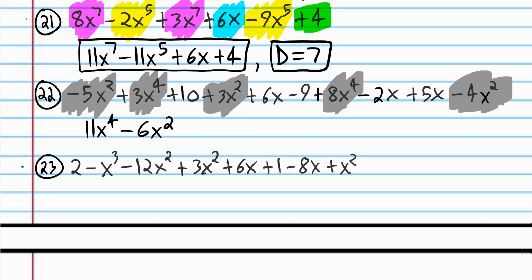And then we have 6x and negative 2x and 5x. 6x minus 2x is 4x. 4x plus 5x is 9x. And we have 10 minus 9, which is 1.